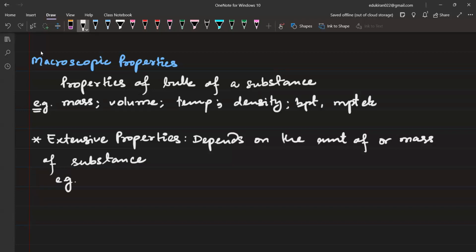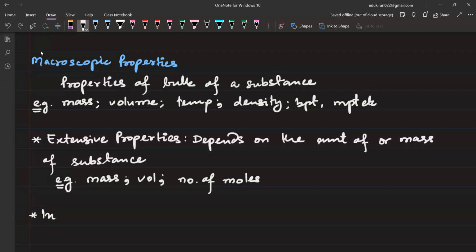For example, take mass. If you increase the amount, the mass will increase. Similarly, if you increase the amount, the volume of that substance will also increase. Number of moles, if you increase the amount, the number of moles will also increase, right? These are examples of extensive property.